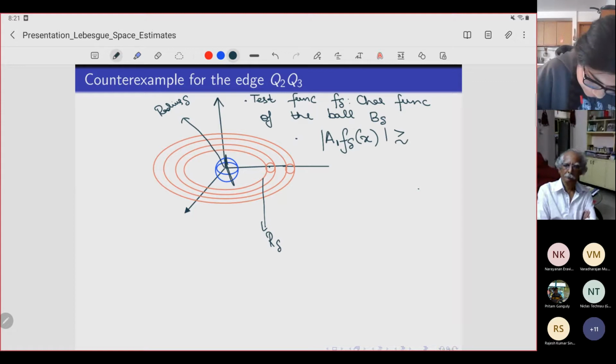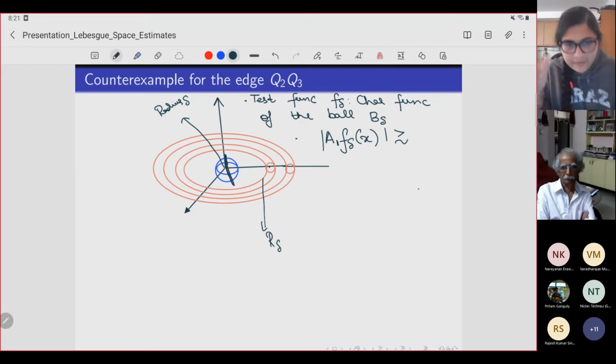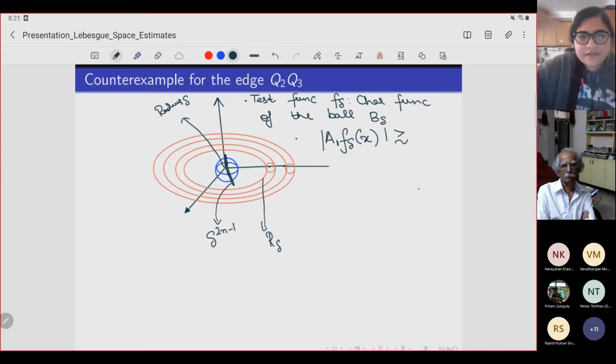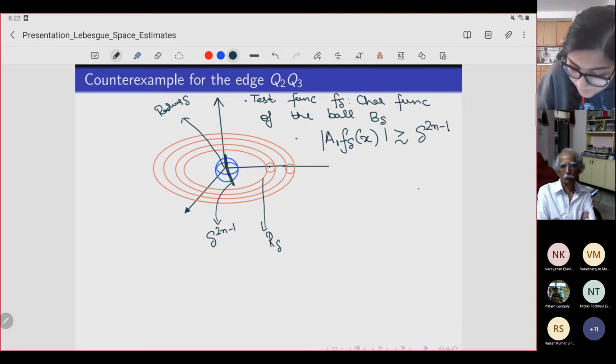How much of the portion is captured in this ball? A cap with radius about delta. So the area which is caught over here is something like delta to the power 2n minus 1, because it's a 2n minus 1 dimensional object. So A1 F delta X would be greater than or equal to delta to the power 2n minus 1 for X in this annulus.